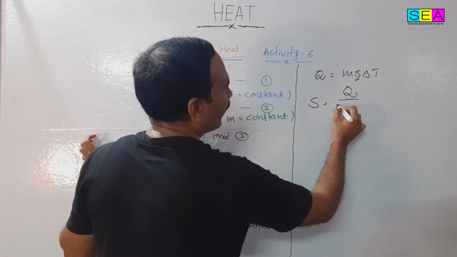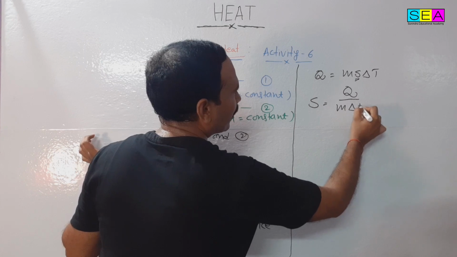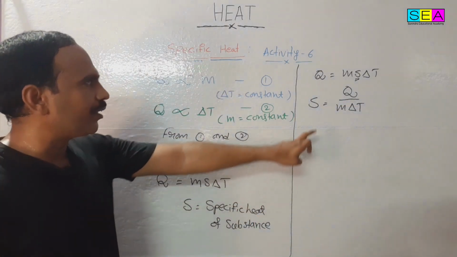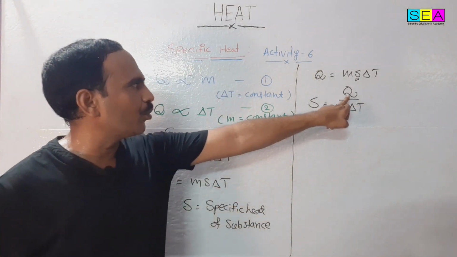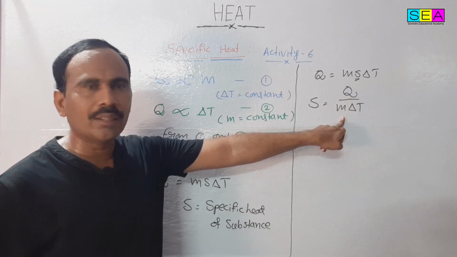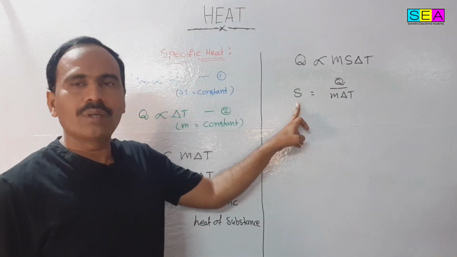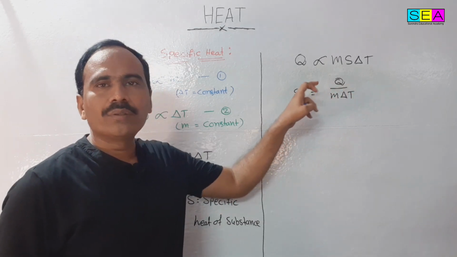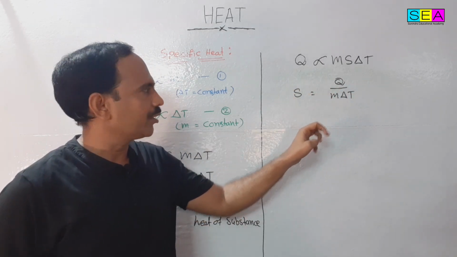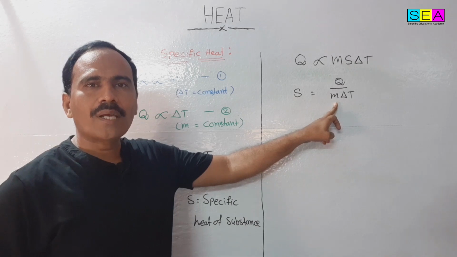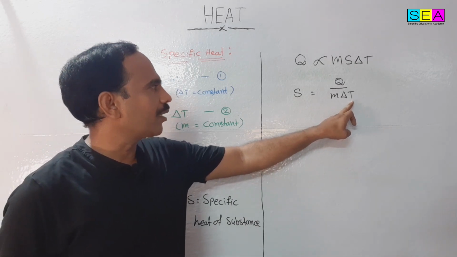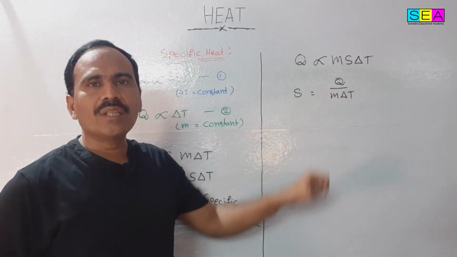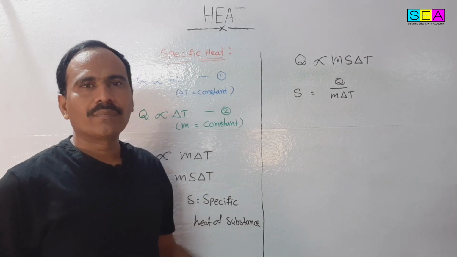So S is equal to Q by M delta T. Here S is the specific heat of the substance, Q is the quantity of heat energy, M is the mass of the substance, and delta T is the change in temperature.